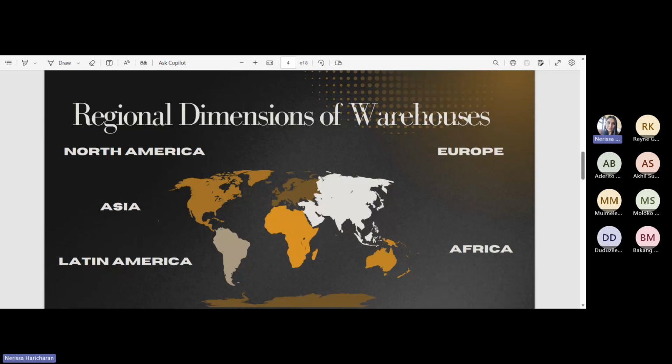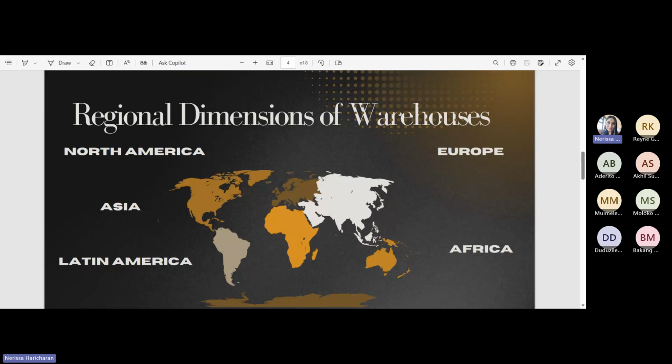We have Latin America, and in Latin America, it's quite varied in size. A lot of it is based on the infrastructure that they have available and what their market demand is. So in countries that have quite a robust economy and also quite a robust logistics infrastructure, those tend to be quite modern.